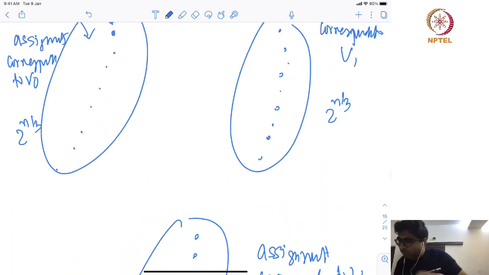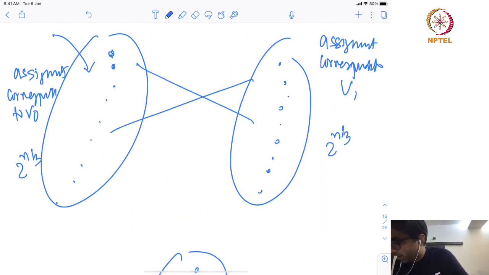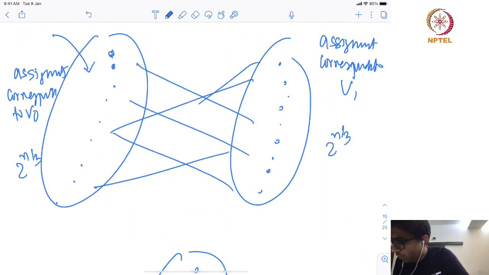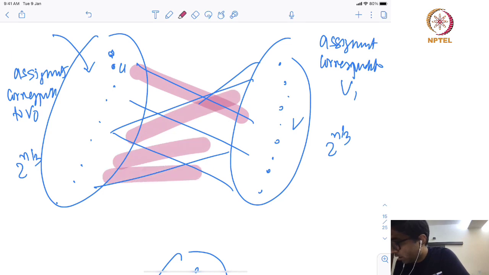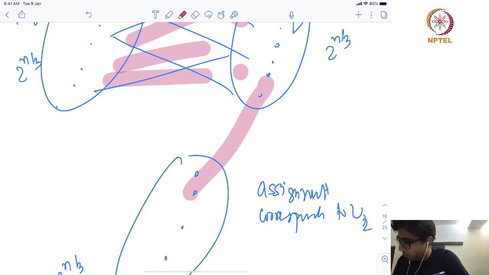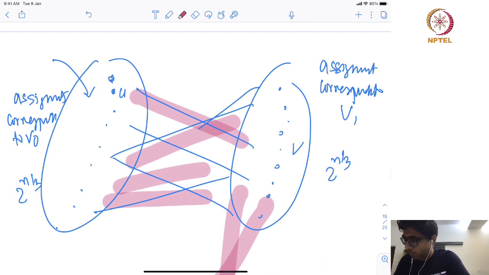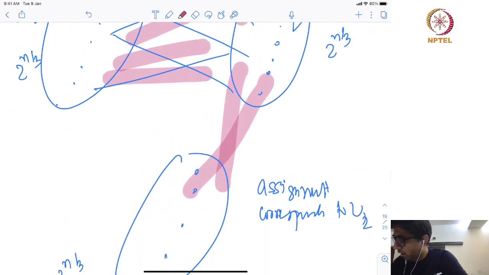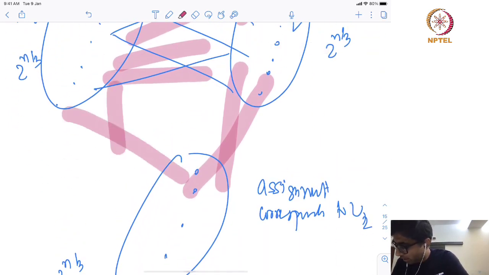And now, what do I do? You make a complete bipartite graph, right? So, for every vertex u and v here, you put an edge. Okay. So, this is a complete bipartite graph. This is a complete bipartite graph. So, you give all the edges from here to here, here to here, and here to here.